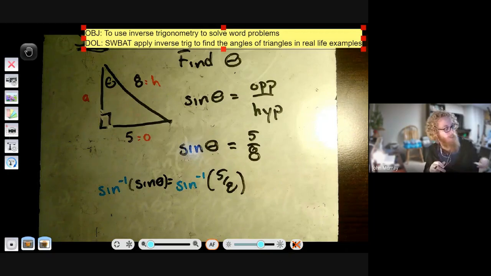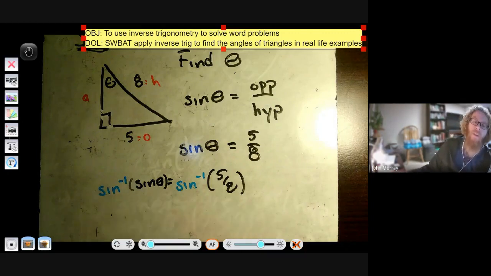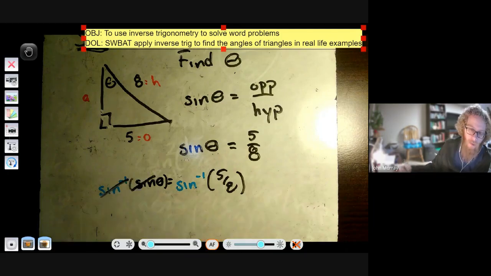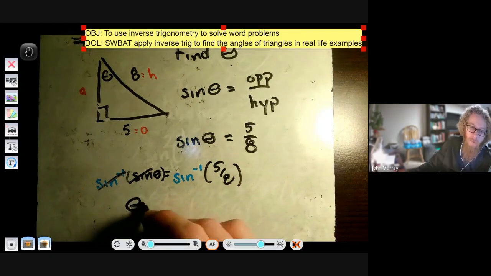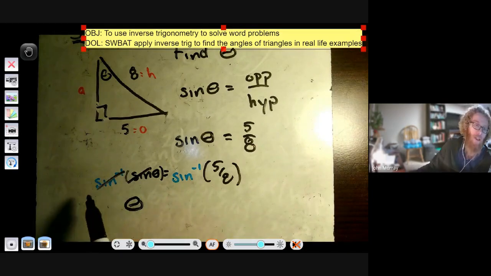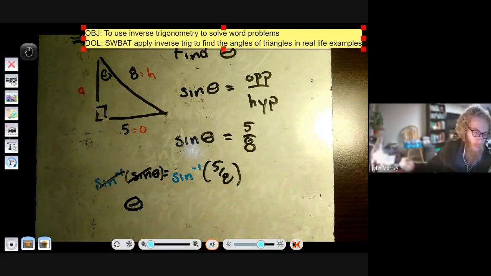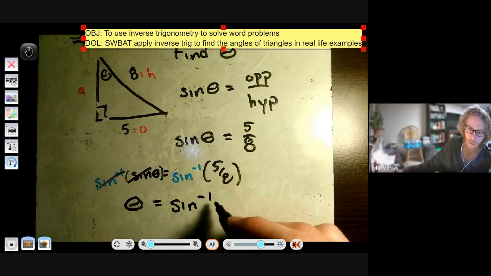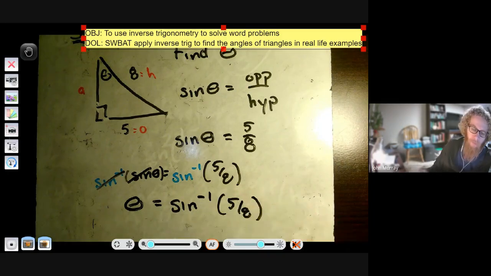On the left side, I have inverse sine of sine theta, and we learned last week that those are inverses, so they eliminate each other, and we're just left with theta. You could write arcsine here if you want, but like I said last week, I'm going to be using the -1 just because it's a little quicker than writing the whole thing out. It's not saving much time. So we have the angle is equal to the inverse sine of 5/8.